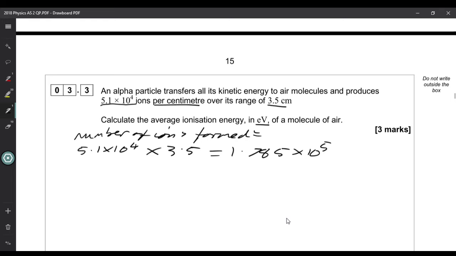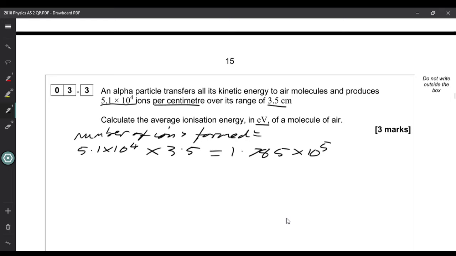So we know that the amount of energy that the particle that we started with was 8.1 times 10 to the minus 13, and that's given to 1.785 times 10 to the 5 air molecules.